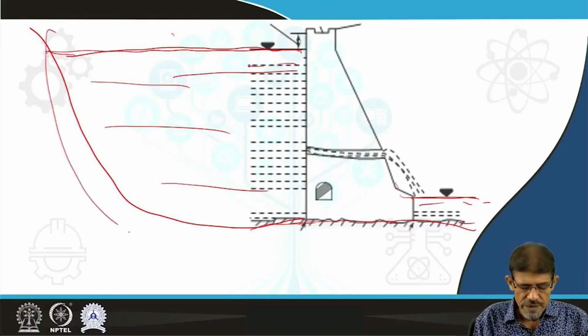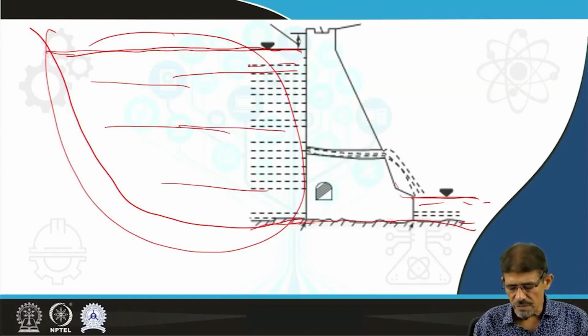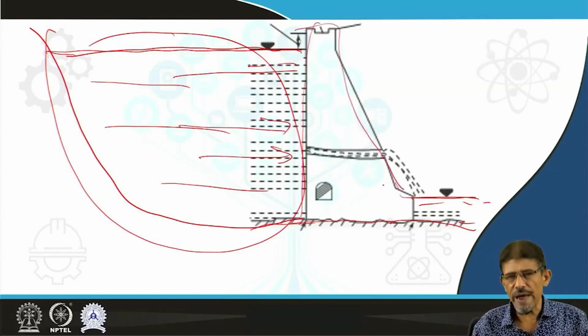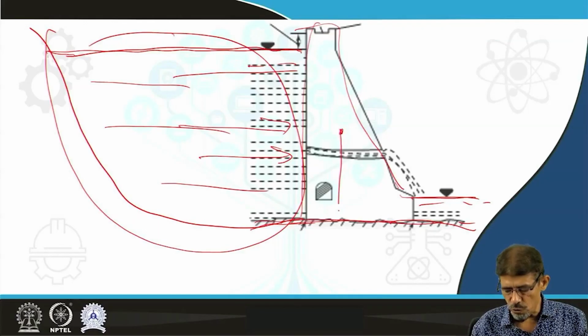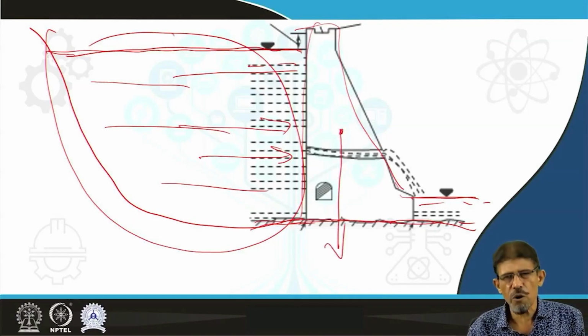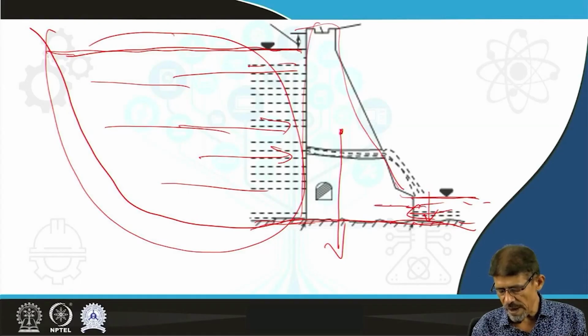Due to the presence of water, there is some thrust acting or expected on this dam structure. Another force, this ground is experiencing some force due to the weight of this body of dam. And here also some horizontal forces, some vertical forces are experienced by this structure.